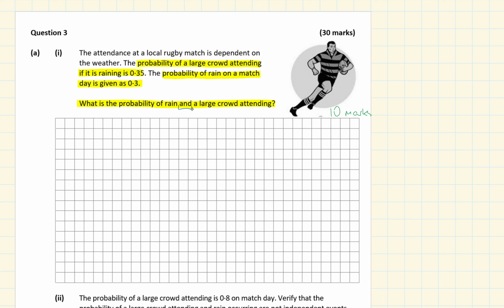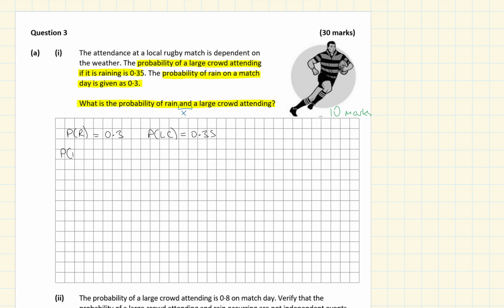So the minute we see the word and, it means we're going to multiply. So essentially what they're asking us to find is the probability of rain, which is 0.3, and the probability then of a large crowd is 0.35.